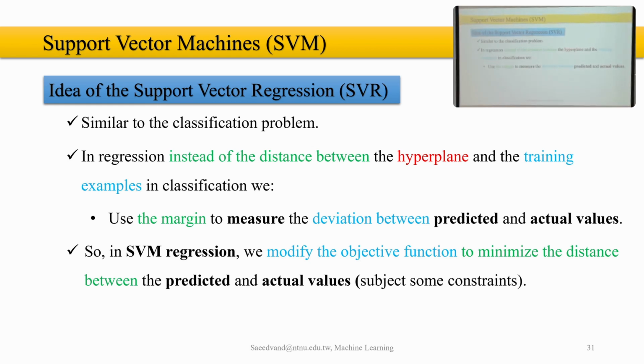Before, we were using the distance to see how to push the points to the margin, to the edge. But here instead we use the actual value and predicted value. Then we need to modify the objective function to minimize the distance between predicted and actual value. We run everything the same, we just change the objective function from classification to regression.